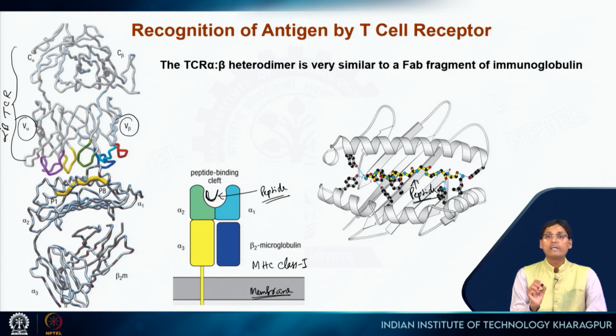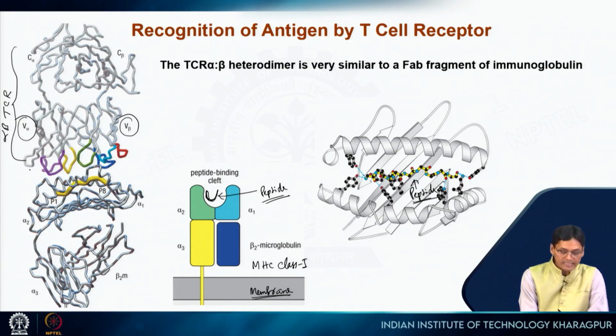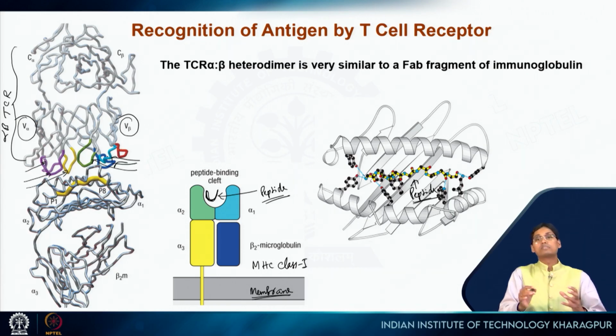Just like the variable region of an antibody, here also you will see 3 complementary determining regions, 3 hypervariable loops. Similarly here also 3 loops are present. So these loops bind to the peptide which is being presented by the MHC.